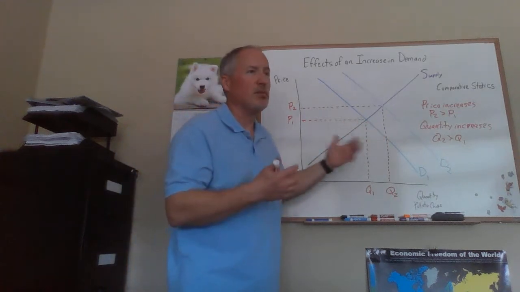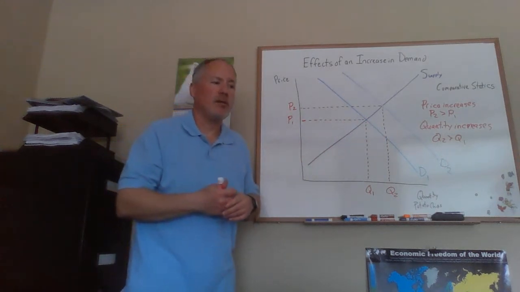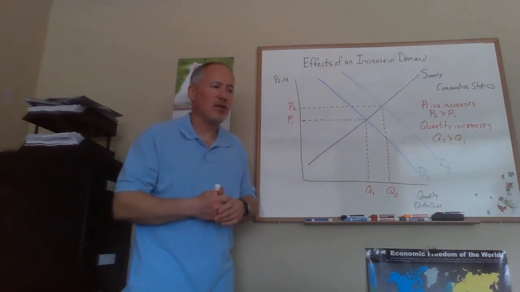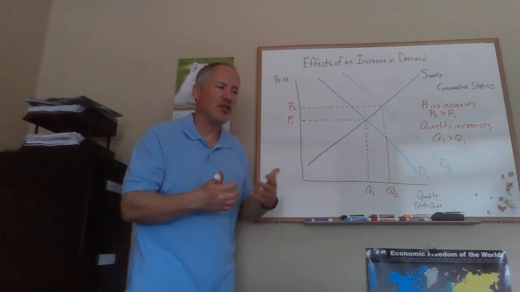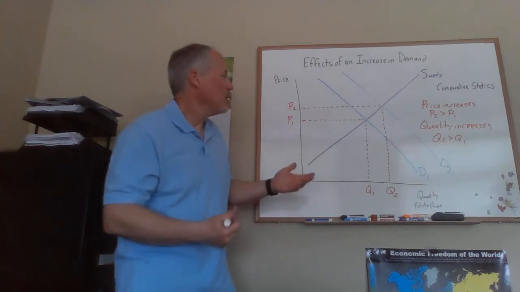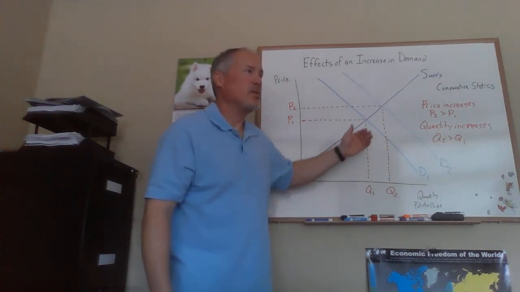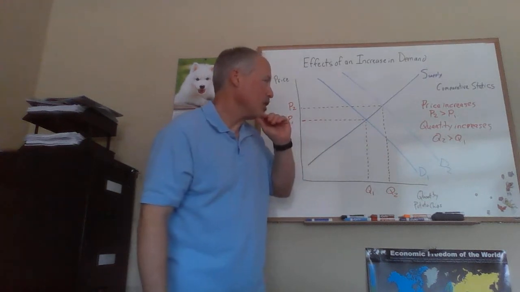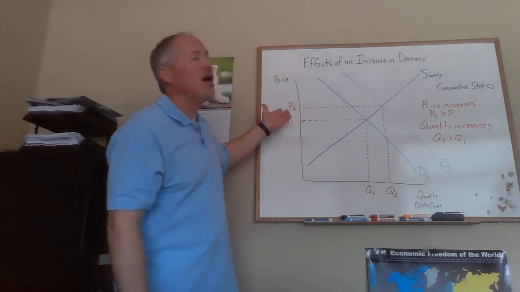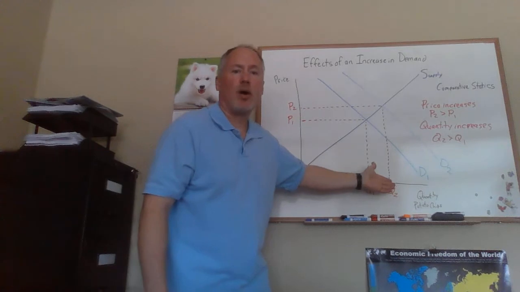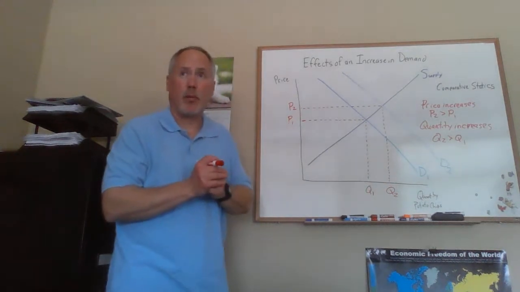So when we compare the demand for condos and other rental property on the beach in Destin, Florida, we'd say that in July the demand would be higher than the demand in January. So we would expect to see a higher price and a larger quantity of the good available.